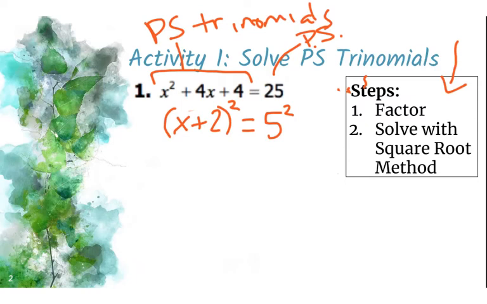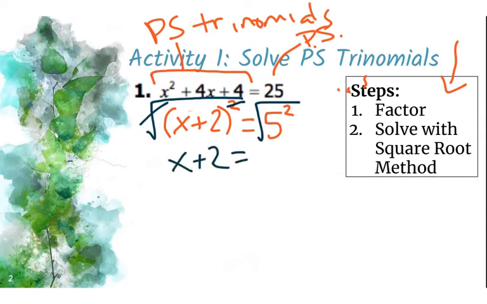Okay, remember, just like plus and minus, the square and the square root cancel out. So I'm going to just do square root and square root. All right, so here we just have a cancel out. So we have x plus 2.